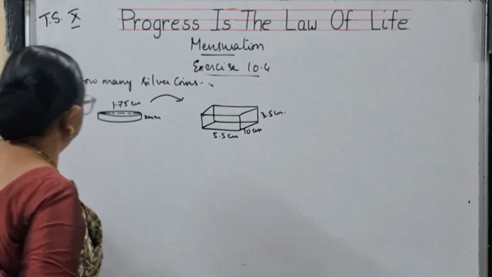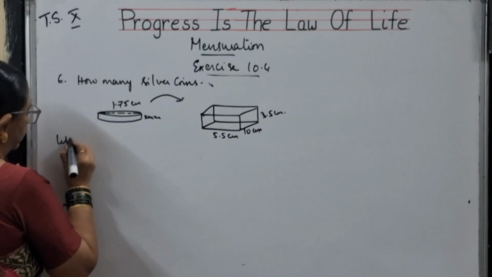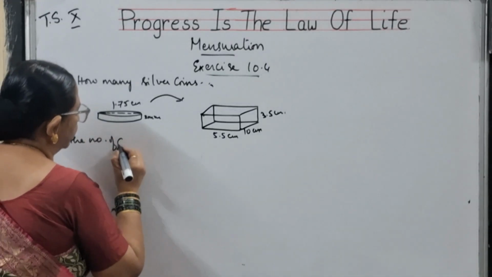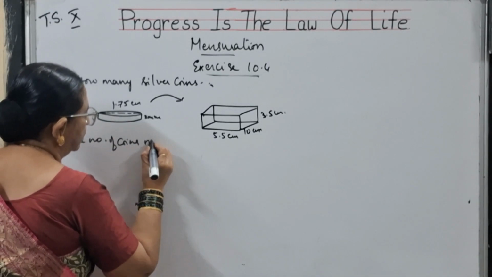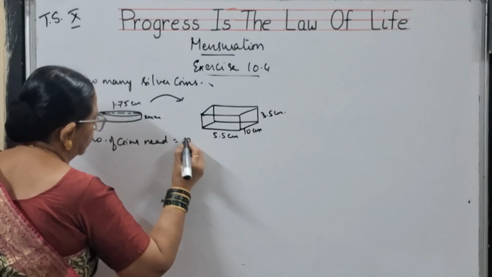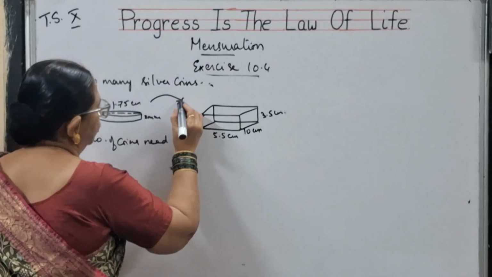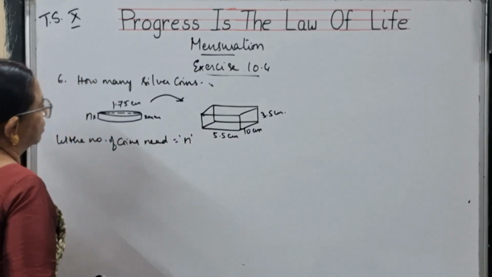So how many do you need? Let us select the number of coins needed as n. So n of these coins will be converted into this cuboid.